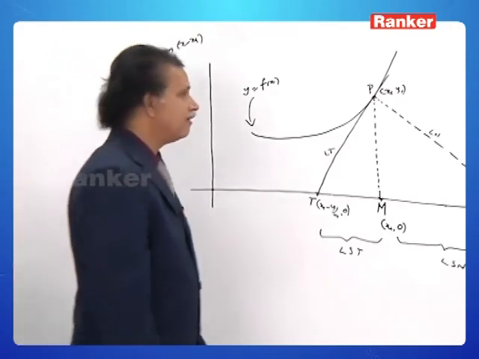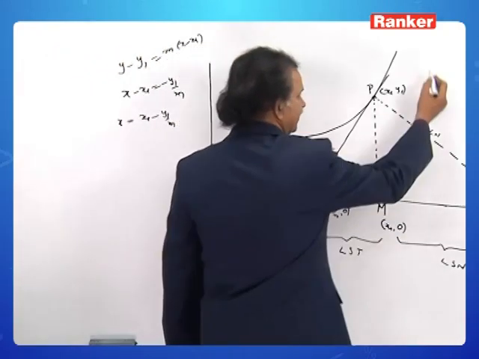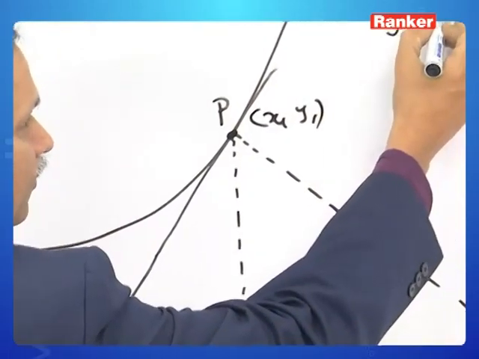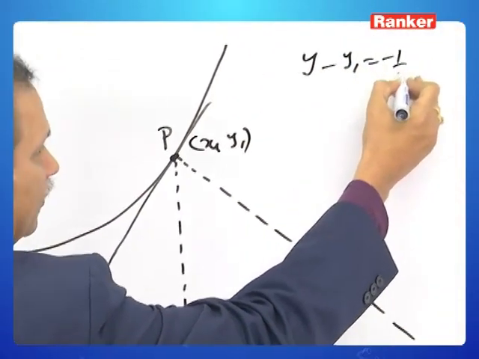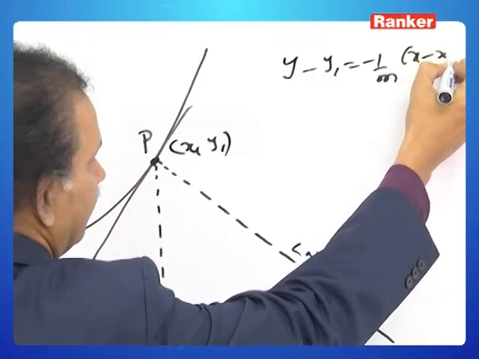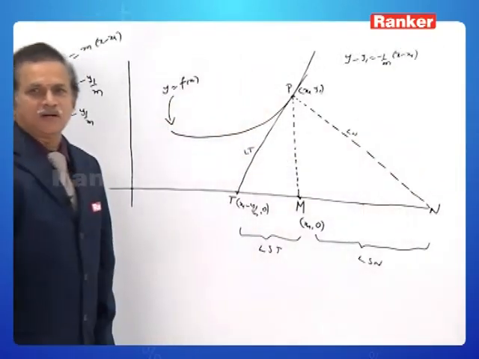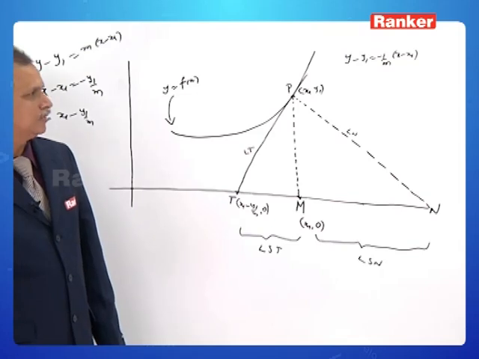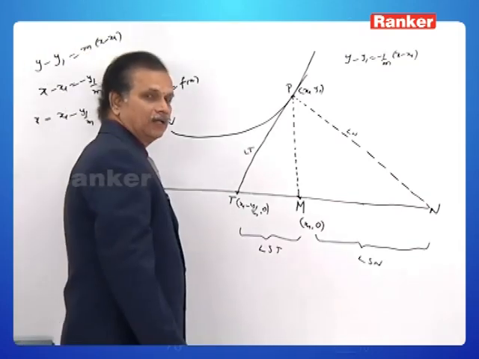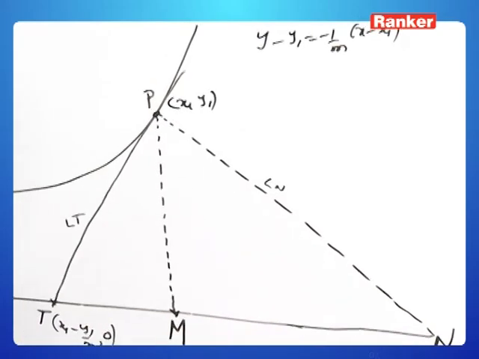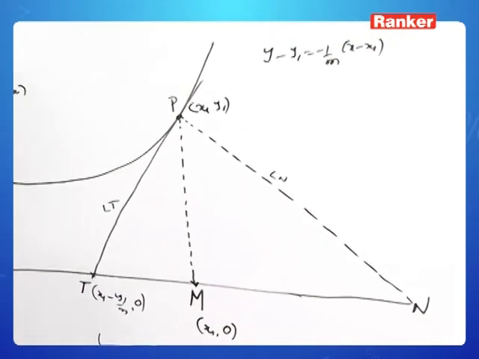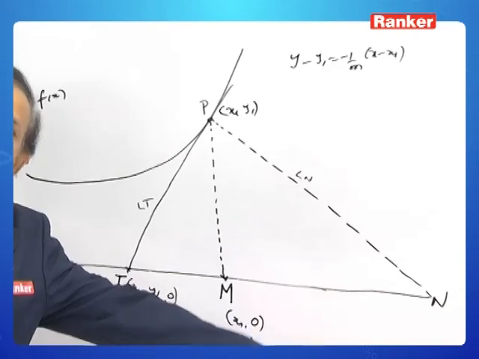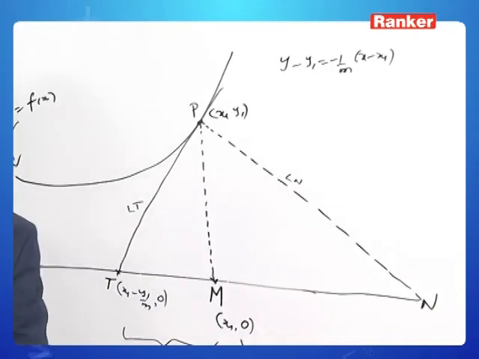Why not? Look here. What is the equation of the normal? y minus y1 is equal to minus 1 by m into x minus x1. From that, our purpose is to find N. How can you get it?